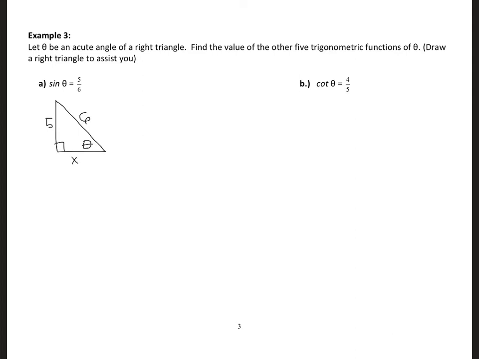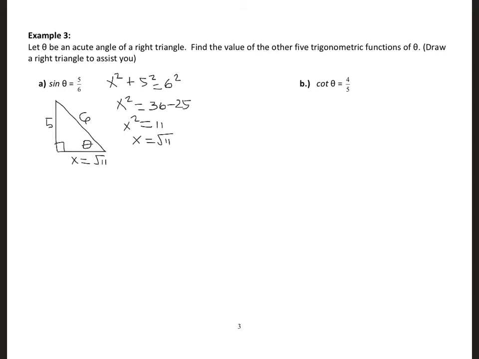The first thing I'm going to do is find the missing side using the Pythagorean theorem. x squared plus 5 squared equals 6 squared. That means x squared equals 36 minus 25, which equals 11. So x is the square root of 11.